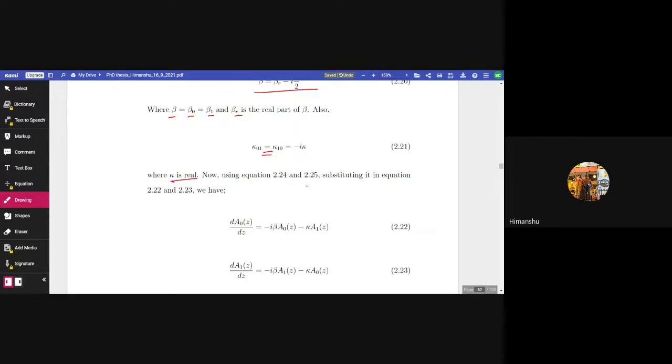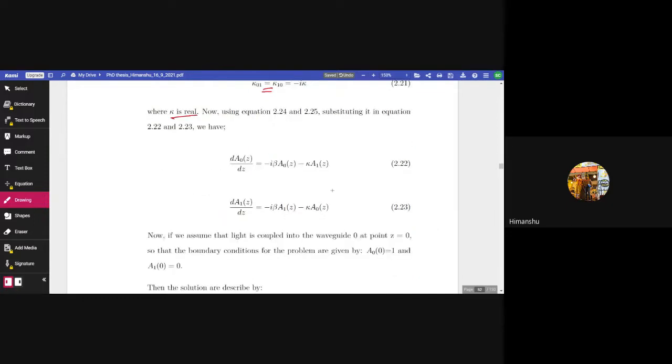Now using the above equation, if we substitute in the previous general coupled mode equation, we will get the following equations: dA0(z)/dz equals minus i beta A0(z) minus k A1(z), and dA1/dz equals minus i beta A1 minus k A0.